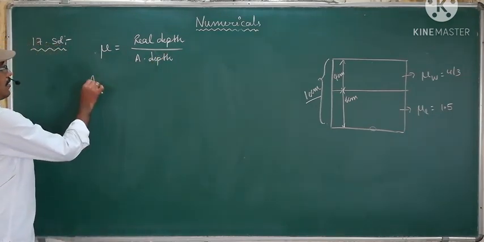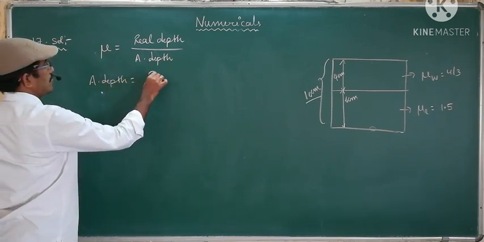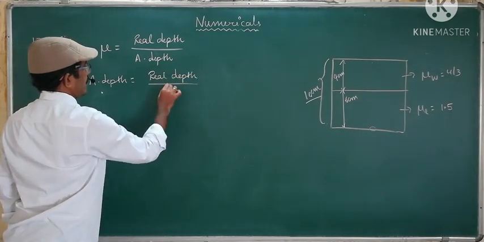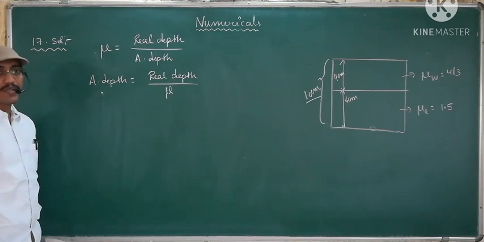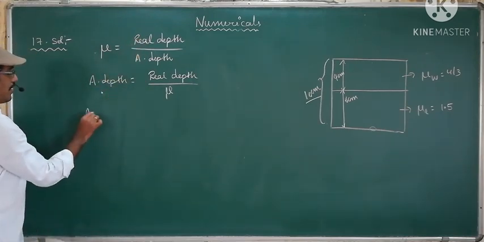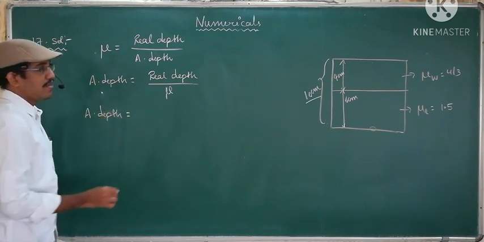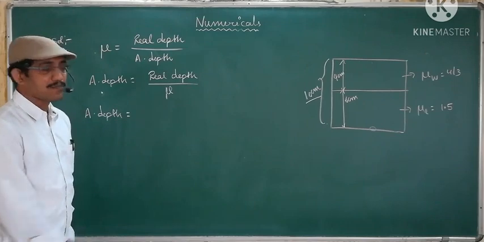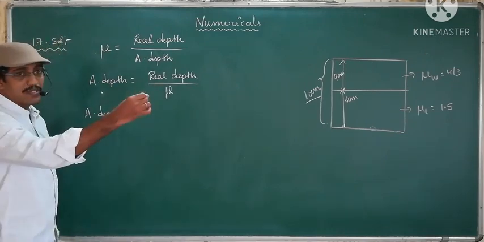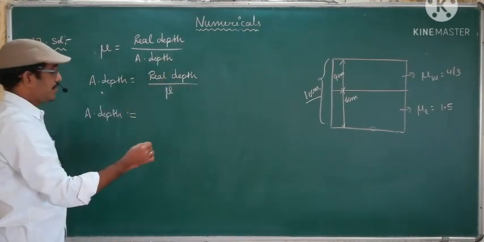I will explain this formula. So apparent depth is equal to real depth divided by refractive index of the medium. For n number of given pairs of media, we can apply the same. Total apparent depth is the apparent depth due to water plus the apparent depth due to the liquid.